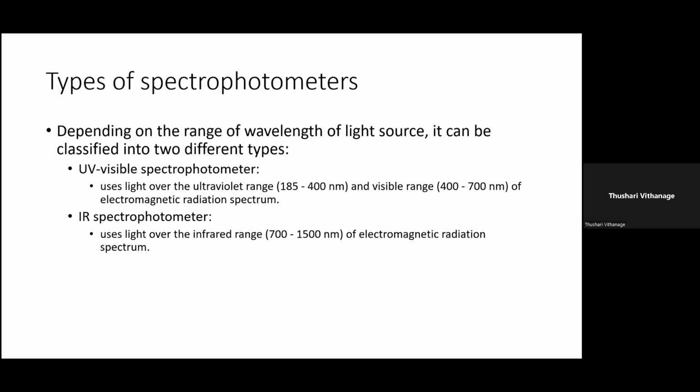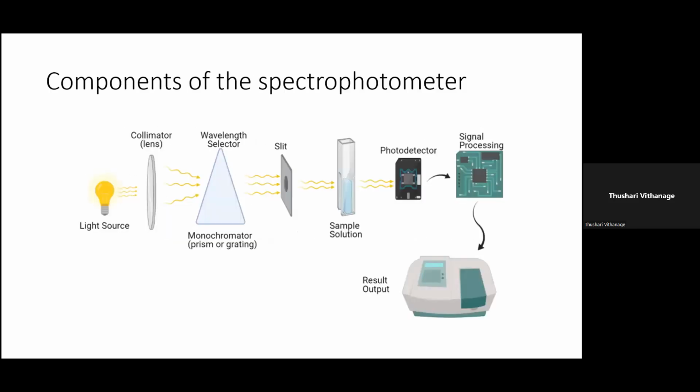The other one is the infrared spectrophotometer, which uses light over the infrared region. That means 700 to 1500 nanometers of spectrum. These are the components of a spectrophotometer, which consist of light source, lenses, wavelength selector, slit, sample solution, photodetector, signal processing, and result output.